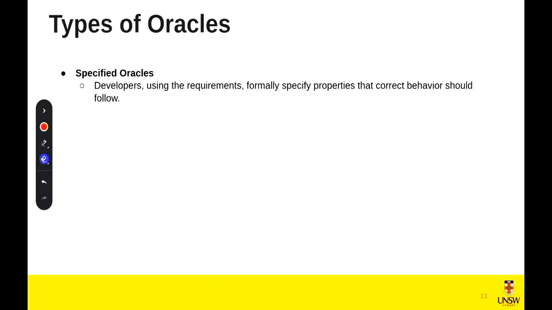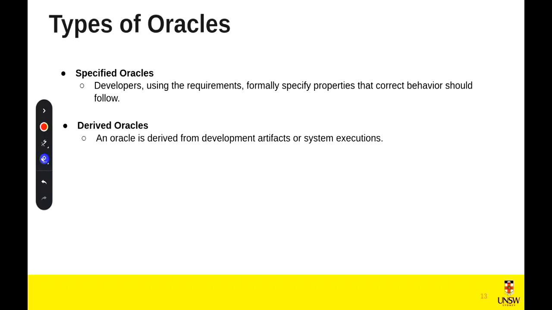And derived from the properties, we could have different types of test oracles. The first type is the specified oracle. This is mostly done manually by the developers. The developers can use the requirements to formally specify properties that describe the correct behavior of the system.